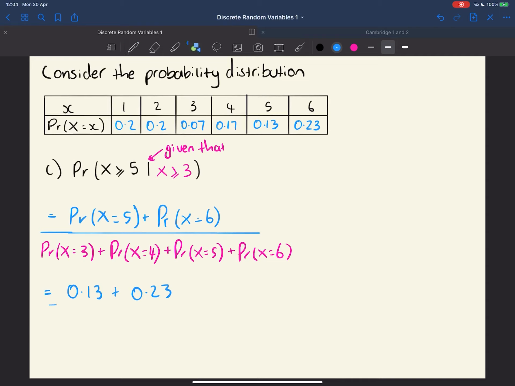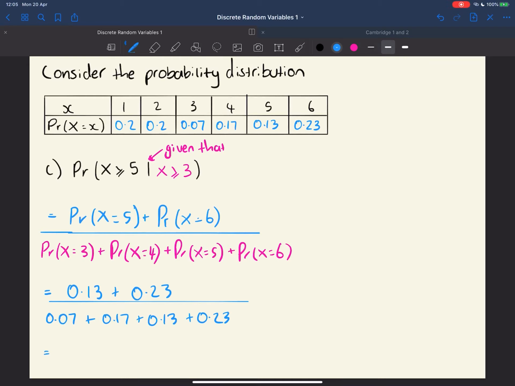We will divide that by, when x is 3, the probability is 0.07, plus 0.17 for 4, plus 0.13 for 5, plus 0.23 for 6.